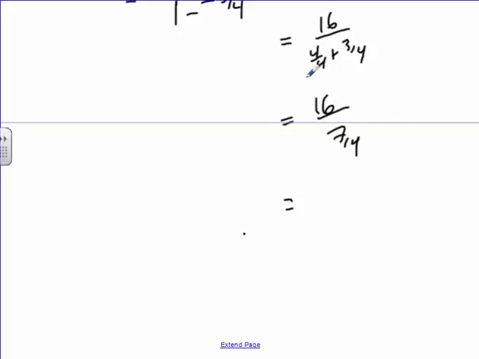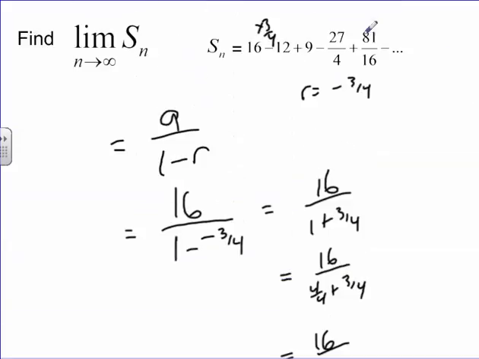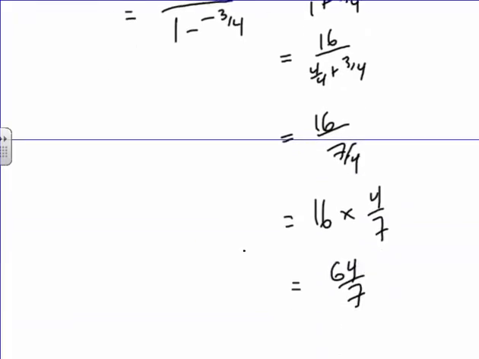Again, this is a good place to ask me questions if I lose you on this step here. But this now gives you 16 times 4 over 7, which gives you 64 over 7. I now know what this thing seems to be limiting out to. Right? It seems to be getting close to 64 over 7.